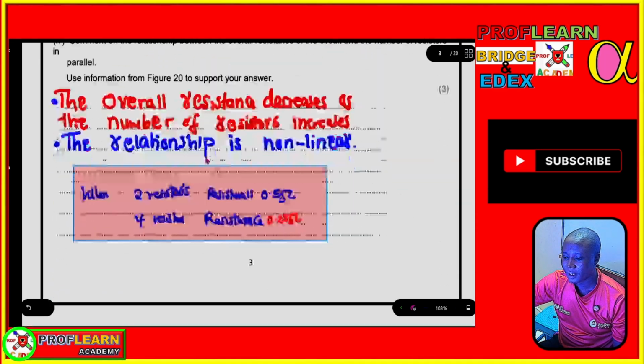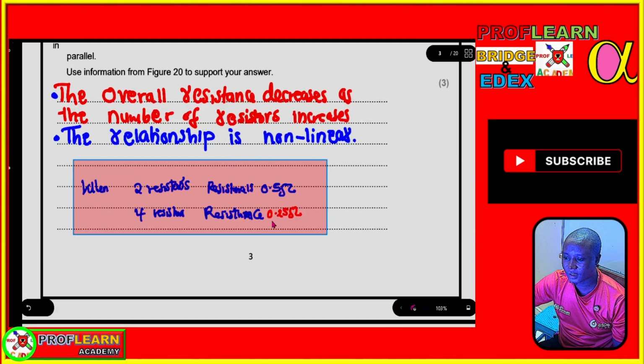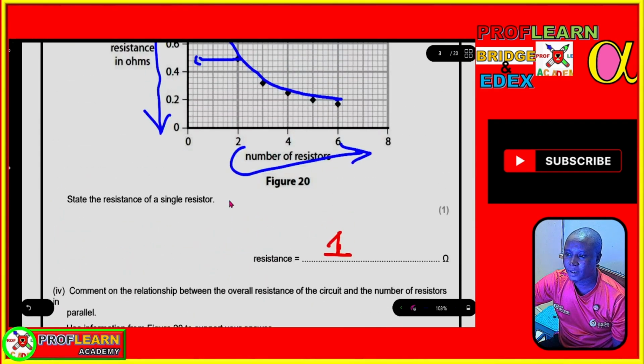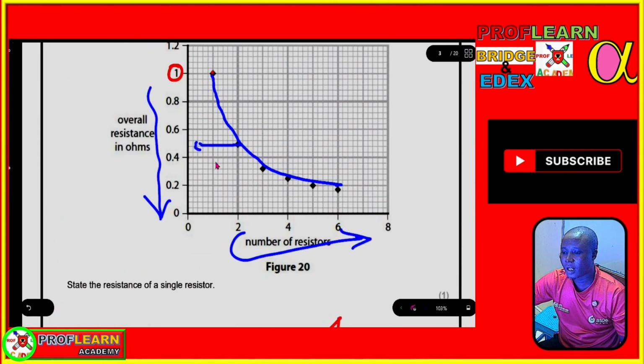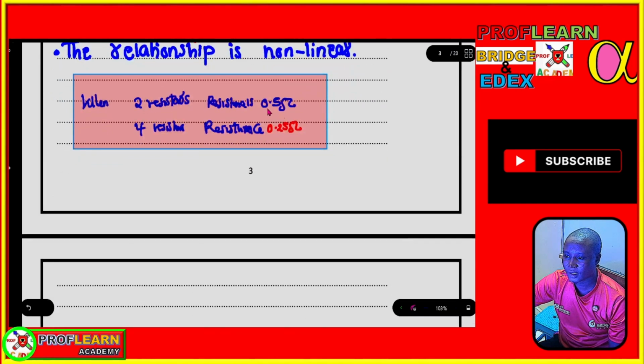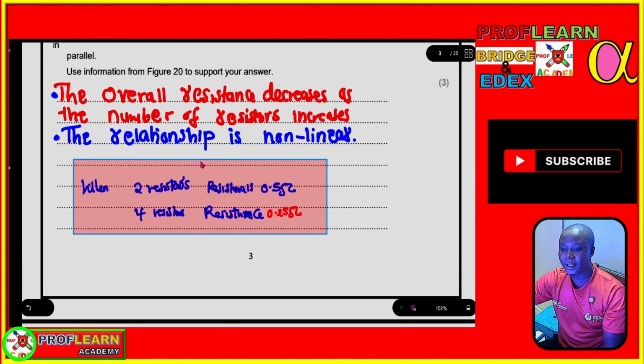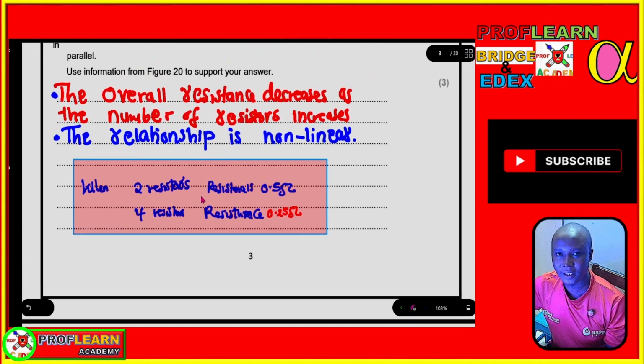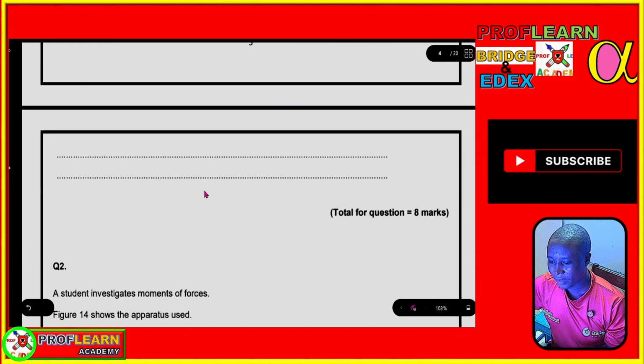You can read there. And when you have four resistors, resistance is 0.25. So the relationship is non-linear, and you just pick a few values to show that when you have two resistors, resistance is 0.5, and when you have four resistors, it becomes 0.25. So which means that the resistance decreases with an increase in the number of resistors.